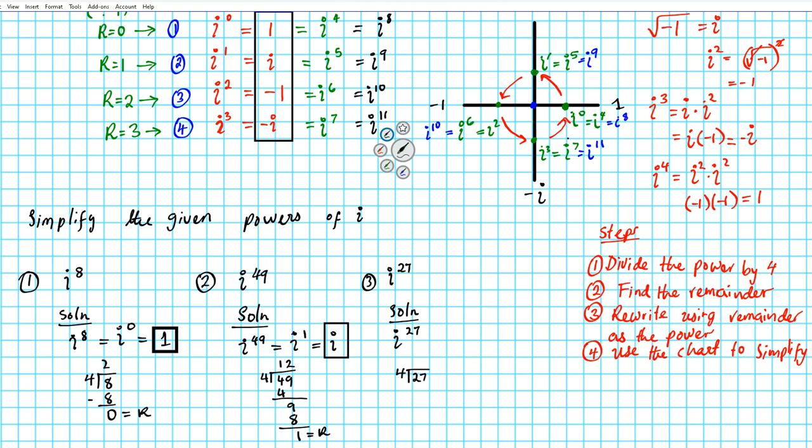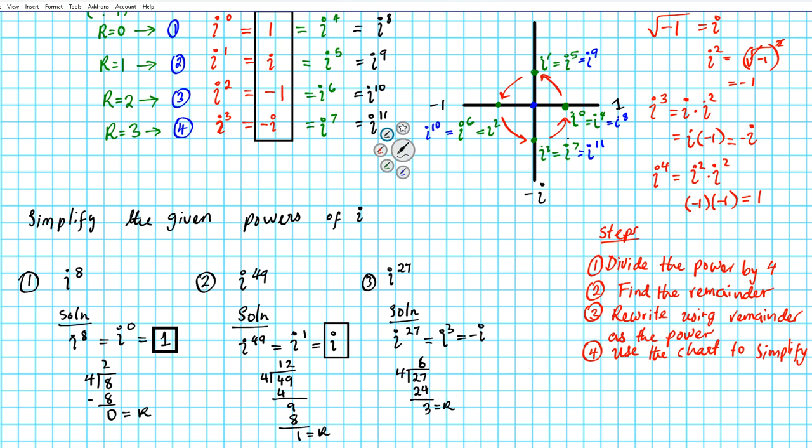So how many times does 4 go into 27? 4 goes into 27 6 times. 6 times 4 is 24. When you subtract, you get 3, and that's your remainder. Bam. So i to the 27th in this cyclical pattern right here is the same thing as i to the 3rd. Now using the chart, what is i to the 3rd?